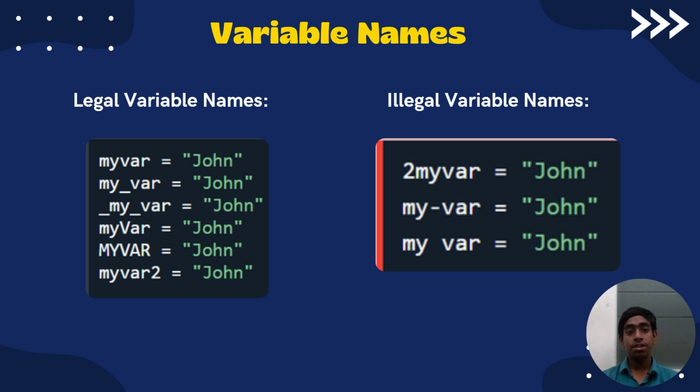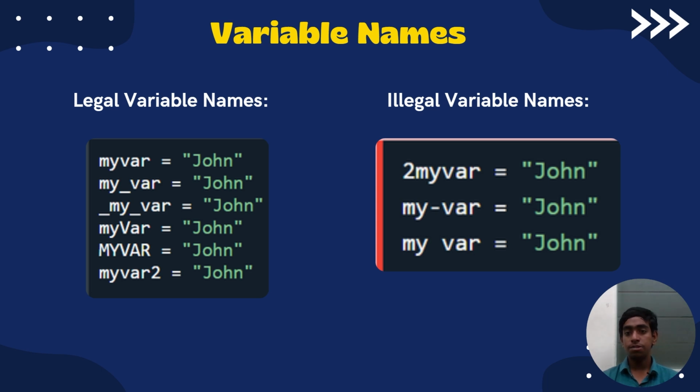Here are the legal variable names and illegal variable names. Legal variable names, here are the examples: myvar, my_var, John. In those we have no spaces, and they are called legal variable names.